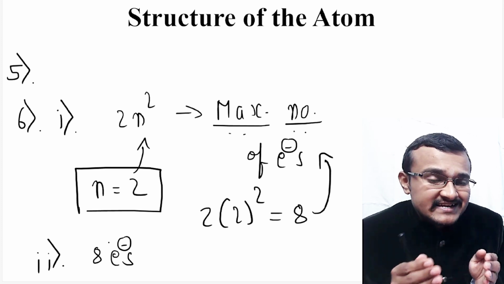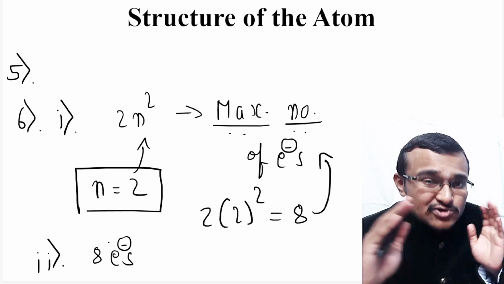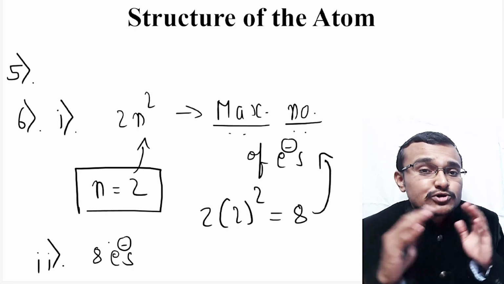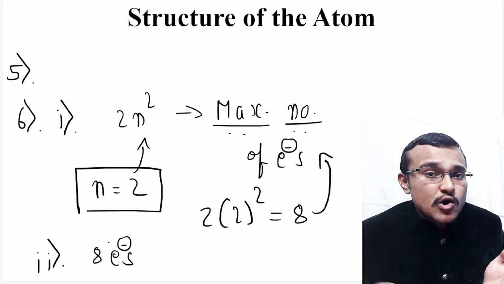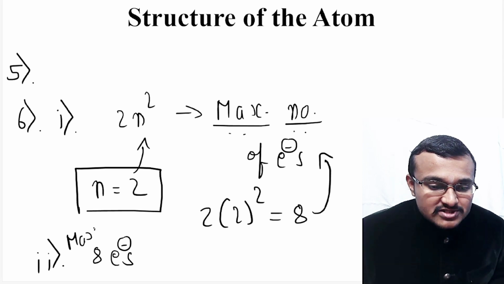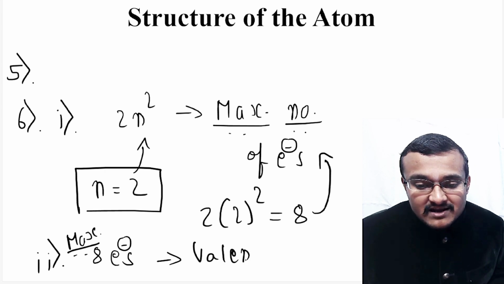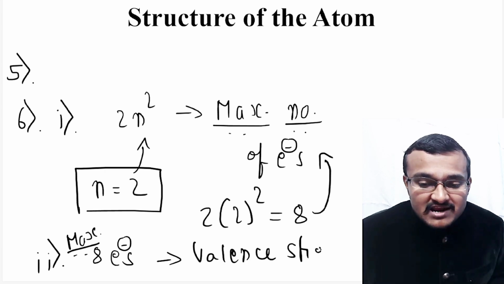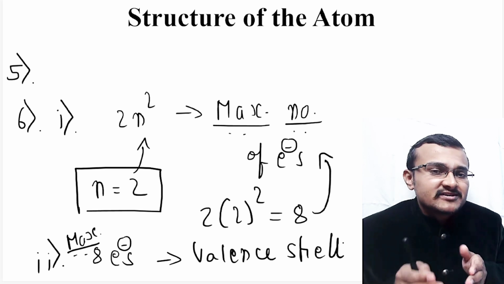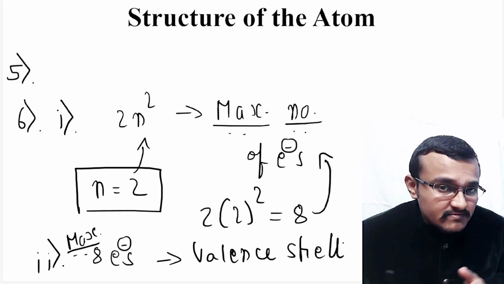So for the first 18 elements present in the periodic table, only a maximum of 8 electrons are allowed in the outermost orbit, that is, in the valence orbit of that particular element. So a maximum of 8 electrons are allowed in the valence shell or the outermost shell of an element. This particular rule is applied for the first 18 elements of the periodic table.